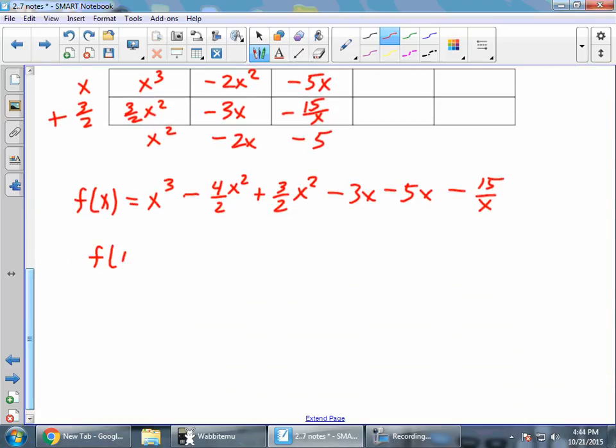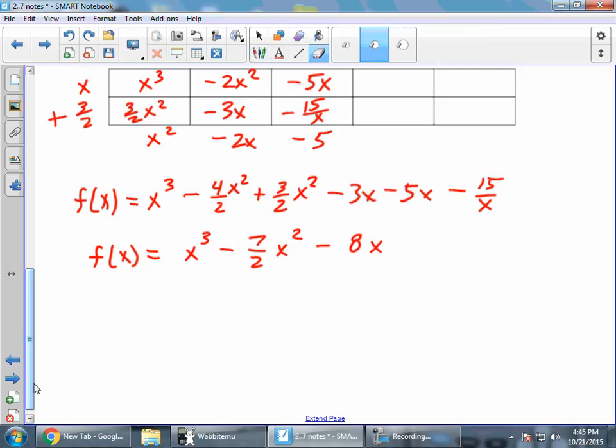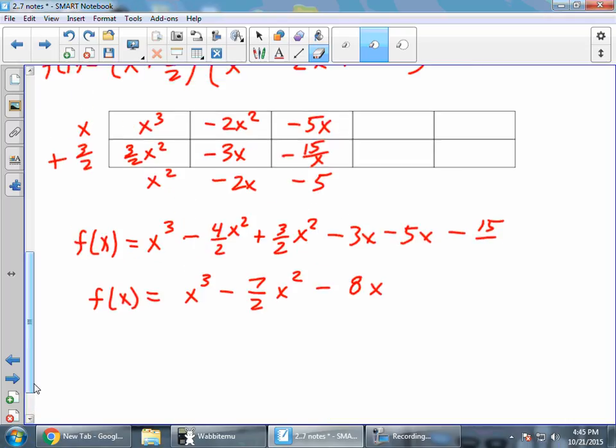So now we have f of x equals x cubed minus 7 halves x squared minus 8x. Why did I put this over x? I am tired. I apologize. 15 over x.